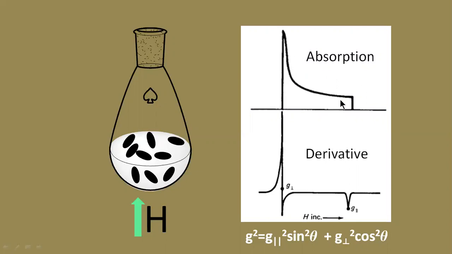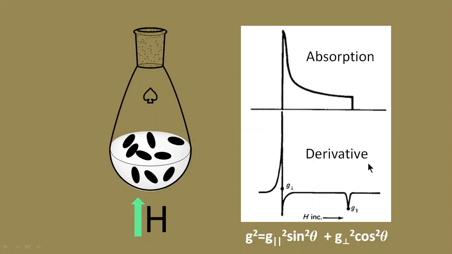If you want the G value for a particular orientation, you just give the theta value, the angle between the Gz of the molecular axis and the laboratory axis, and you get the G value for that orientation.